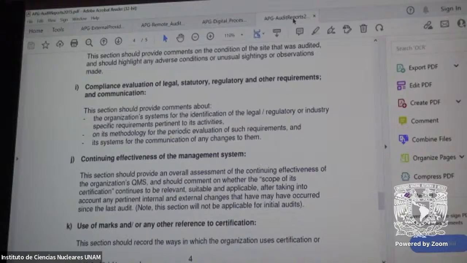But actually, what it's suggesting here is it's not making statements about compliance, it's examining how the organisation ensures it understands what regulations and statutes it has to comply with. So in 14001, you've got a clause on compliance obligations, and then you've got evaluation of meeting compliance obligations.